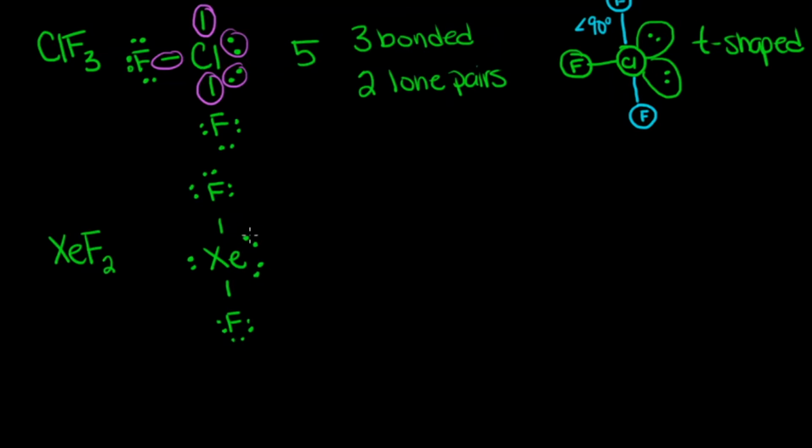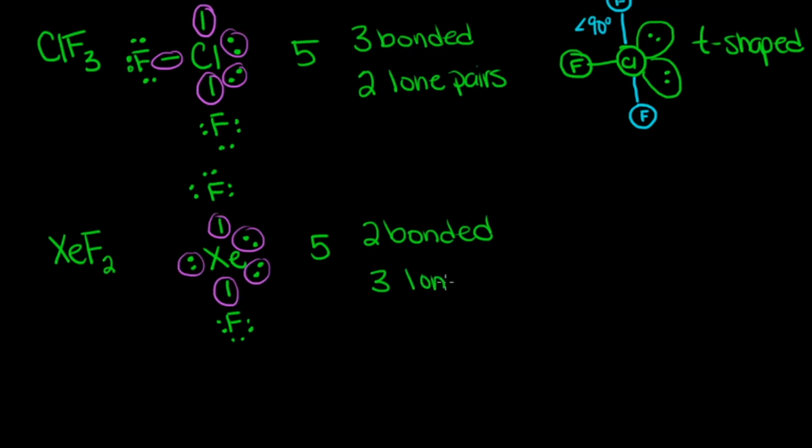If all of these are taking up that equatorial plane, we're back to just the axial domain. So here we have 5 total domains. Can you tell I'm getting tired, you guys? I should have done these 2 lectures on 2 different days. 1, 2, 3, 4, 5. 5 domains. Now we're talking about 2 bonded and 3 lone pairs.